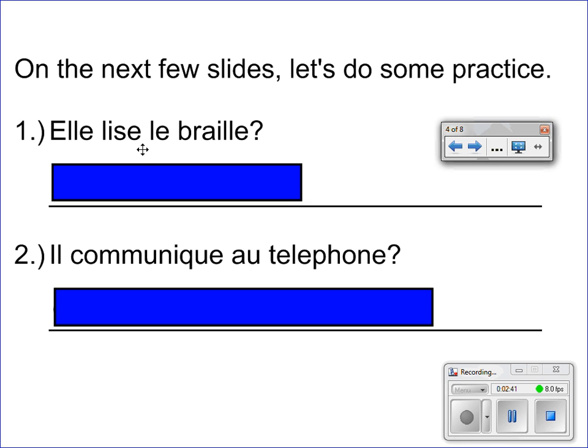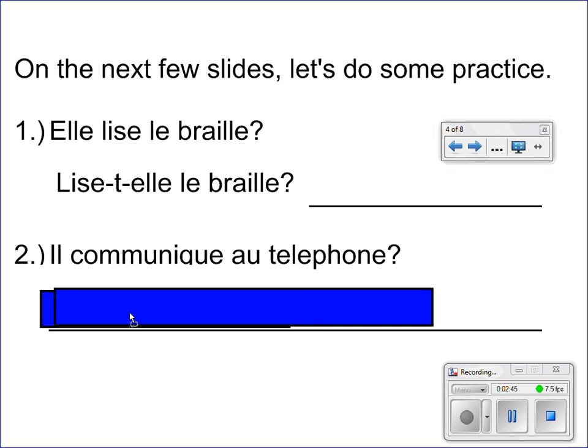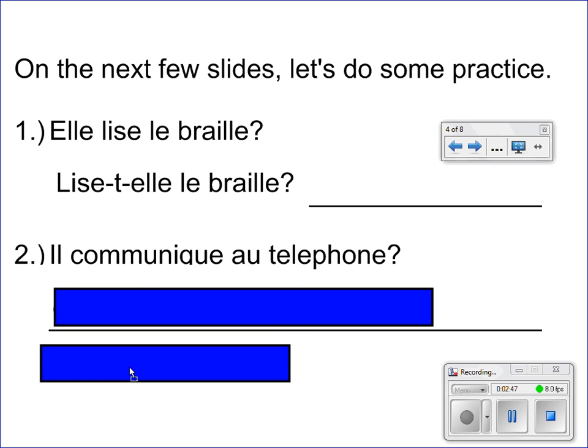All right, let's see how you did. Using l'inversion, your question should now read, lit-elle le braille? Let's look at 2. Il communique au téléphone. Again, you're going to put the video on pause and rewrite this question so that it uses l'inversion.